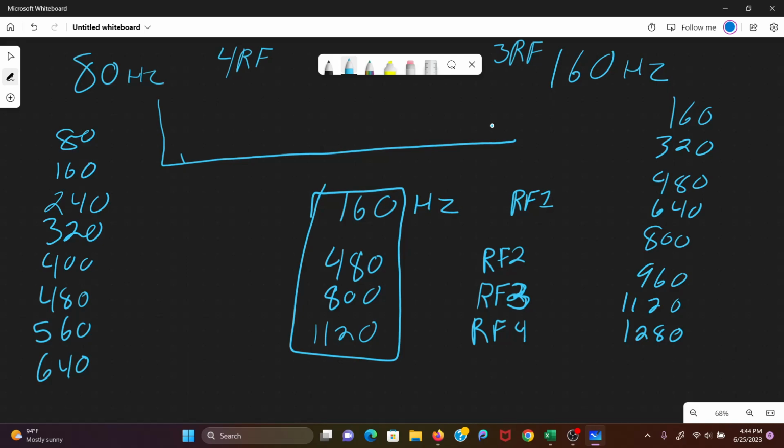It's dampened. Then 160. To draw this out, I'm going to put the nodes in too, which would be the middle point between 160 and 480. So right there. And then here's 480. There's 640.